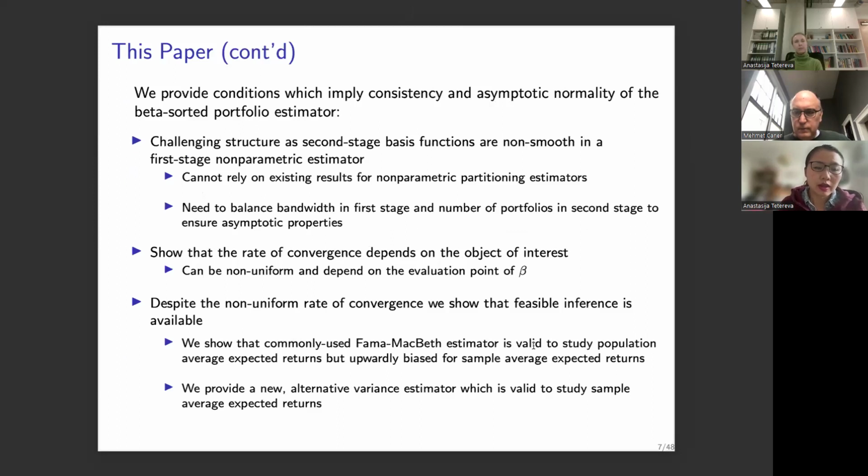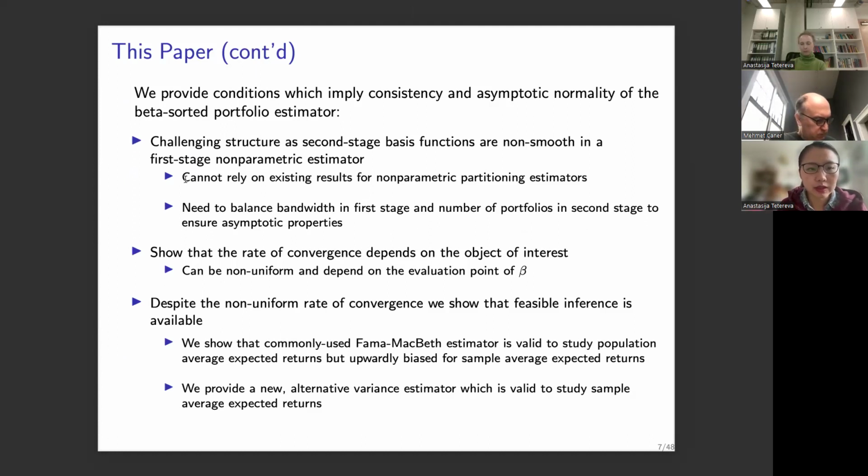In this paper, we provide conditions which imply consistency and asymptotic normality of the beta sorted portfolio estimator. It's a bit more challenging when we write down all the math in detail. It seems very simple, but there are many details going on. I guess it's true for a lot of econometrics papers.